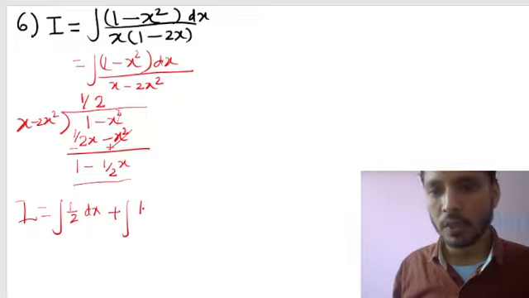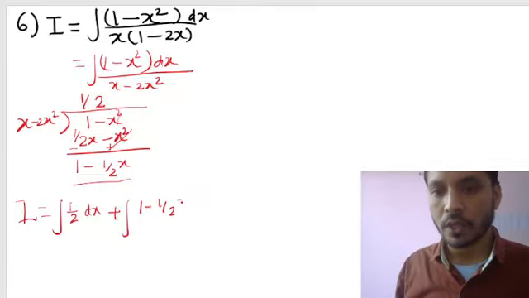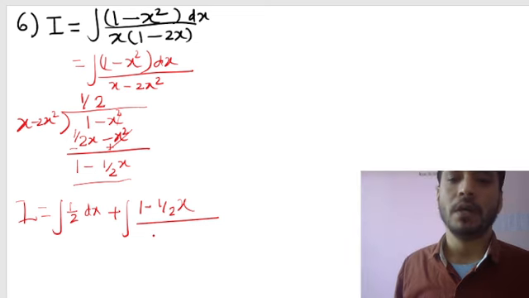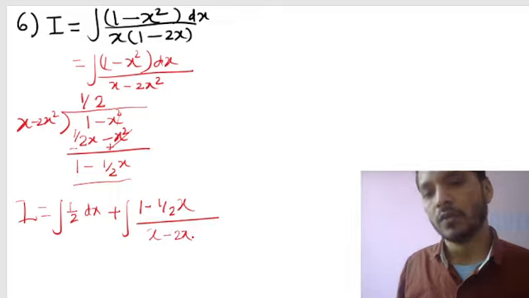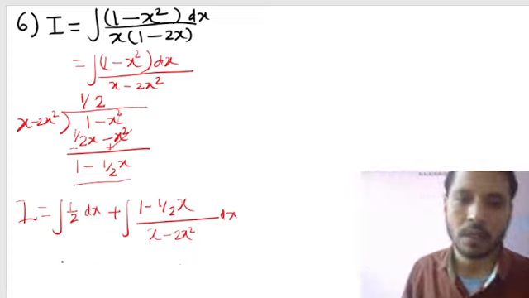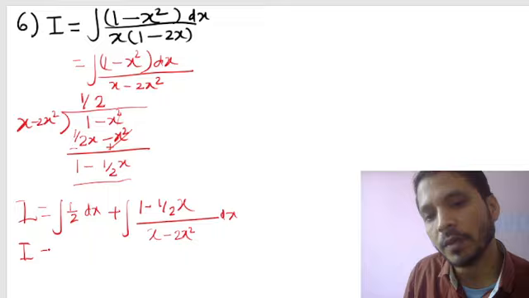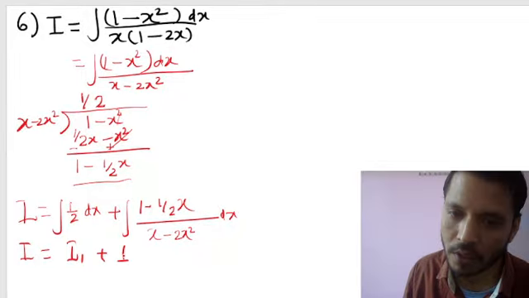So r is 1 minus 1 by 2 into x, divided by x minus 2x square, into dx. Here I can be written as I1 plus I2. This is our I1 and this is I2.